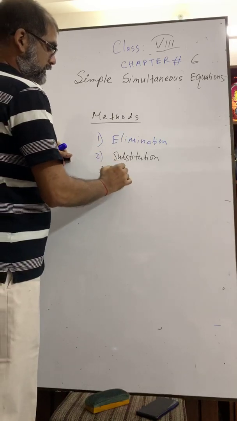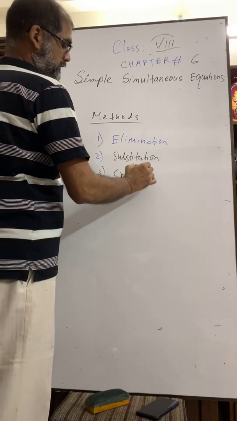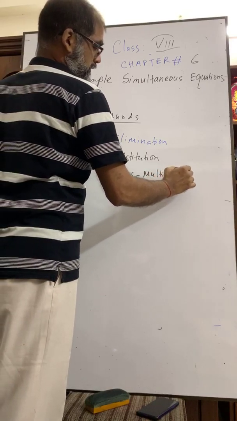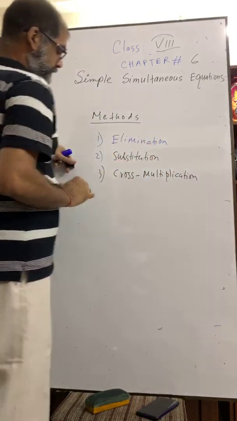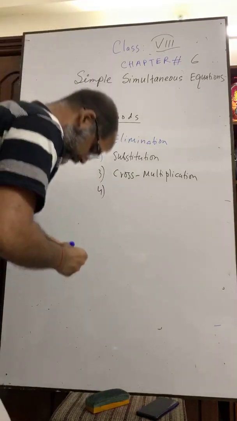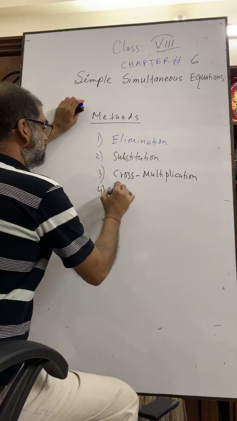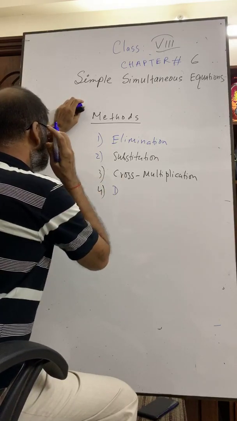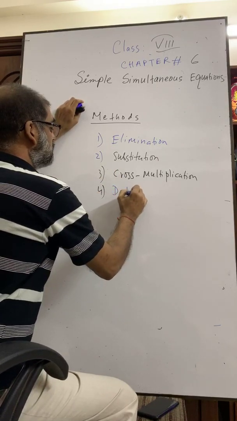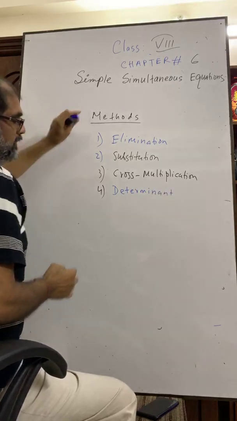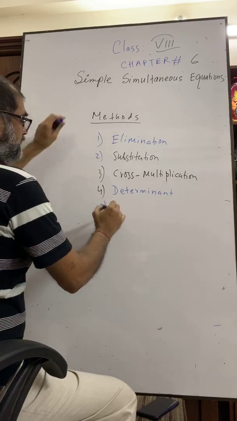Number 3, number 4, what is number 4? Determinant. Number 5.